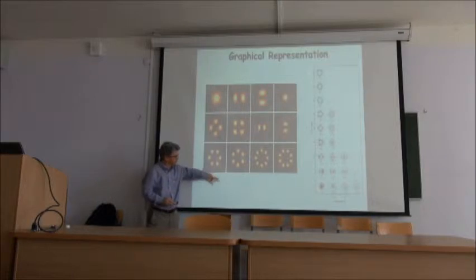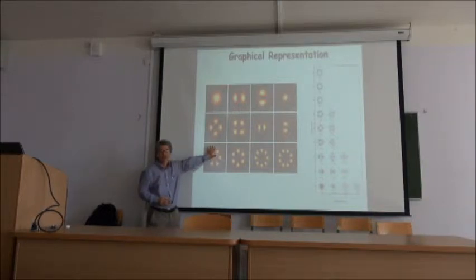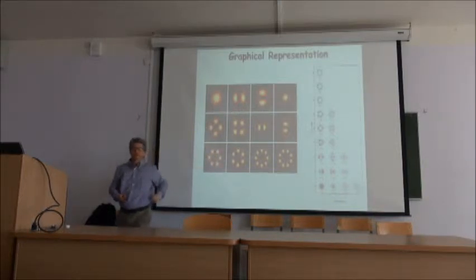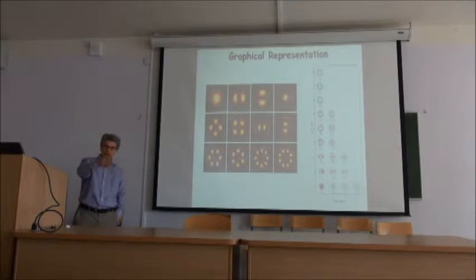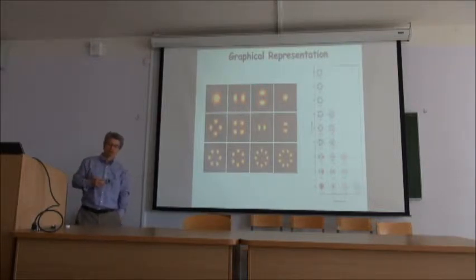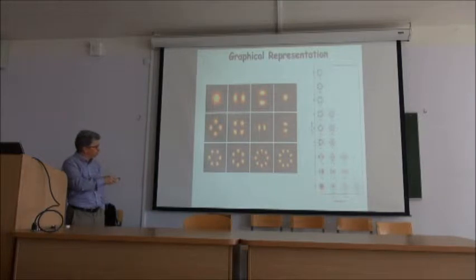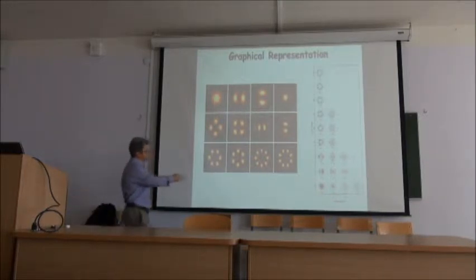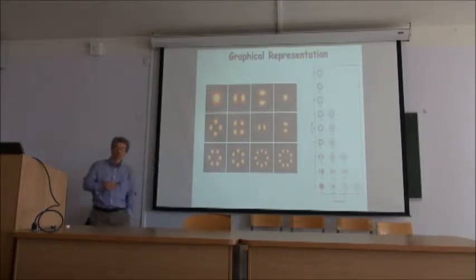You can have even and odd, and you can have linear polarization degenerate in any direction. It has circular symmetry, so all of them are possible. You can combine them to form some specific shapes, but here LP stands for linear polarization.